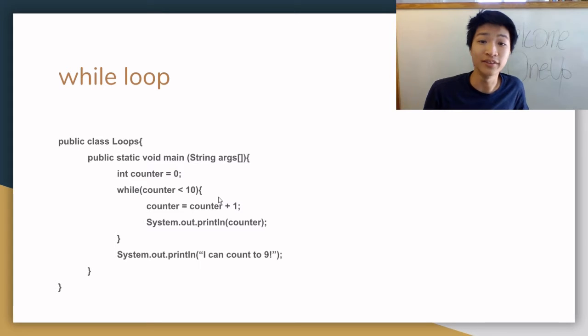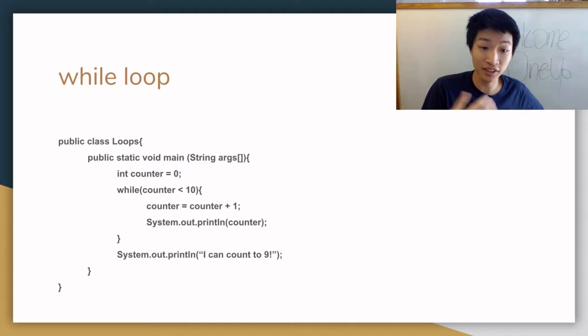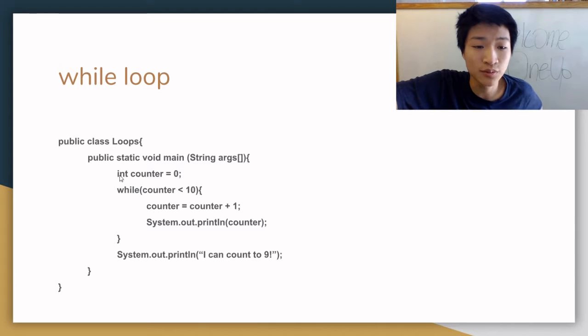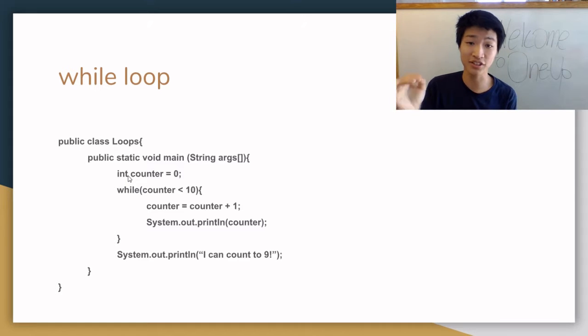Now, a while loop. Let's look at the code we have here. We declared a counter variable that starts at 0. It can be named anything. It could be number of chickens, integer number of chickens equals 0.